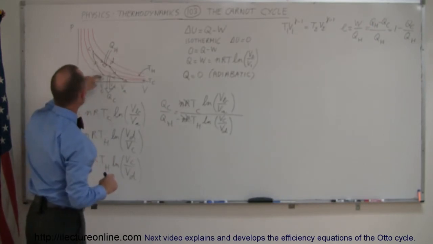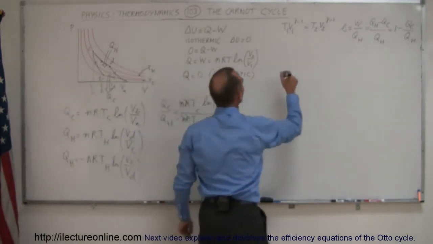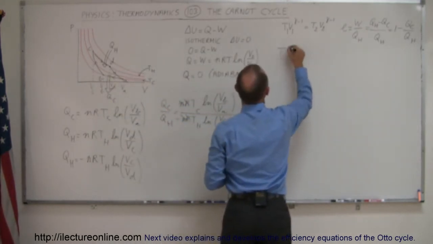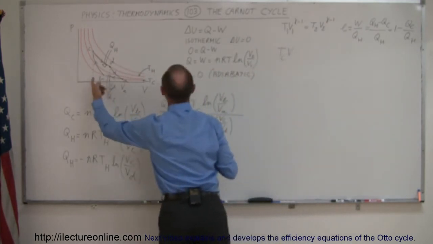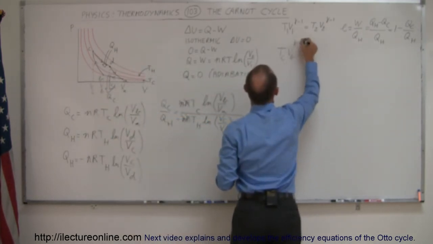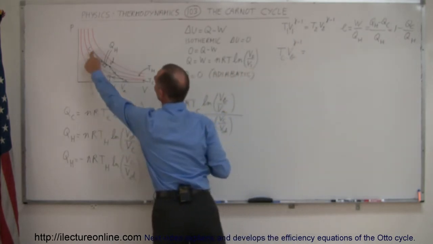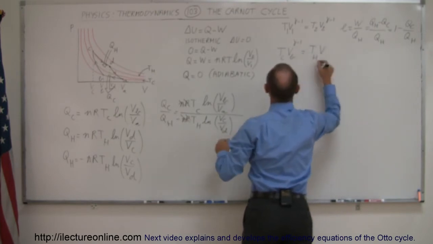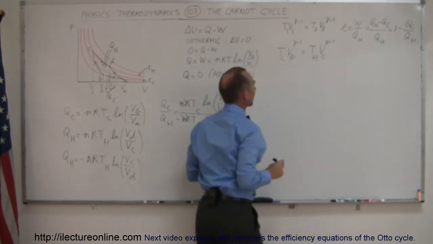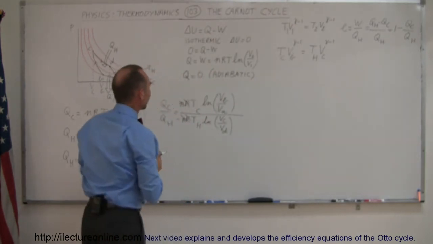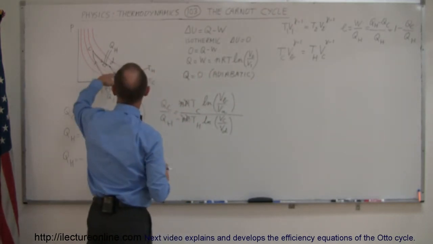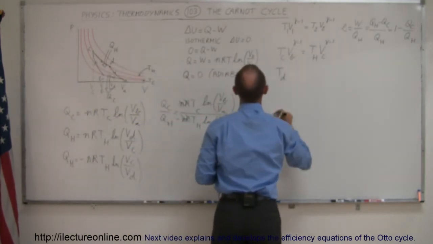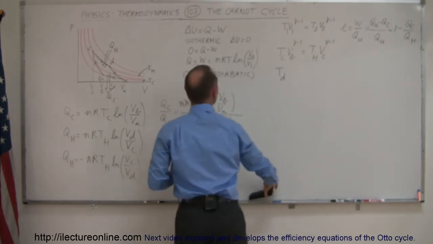So starting with going from B to C, we can write temperature at B, and of course temperature at B is T cold, times V at B to the gamma minus 1 equals temperature at C, which is T hot, times V at C to the gamma minus 1. We can also do that for the other process right here, going from D back to A. So we can say T at D, and of course T at D, that would be T hot.